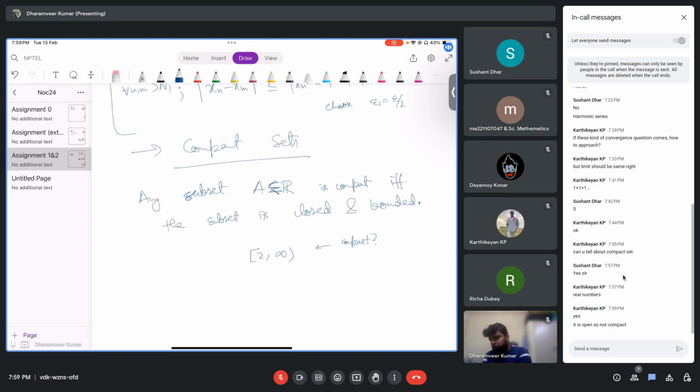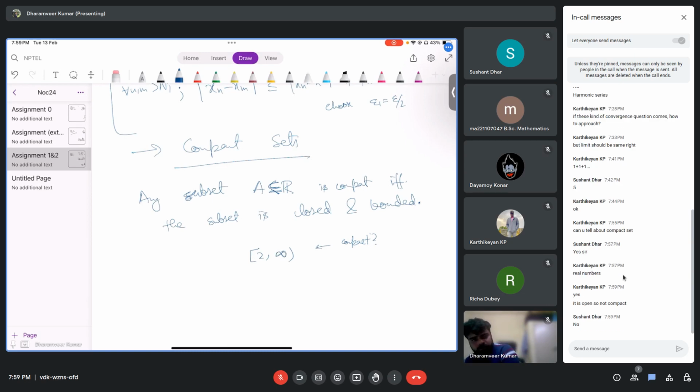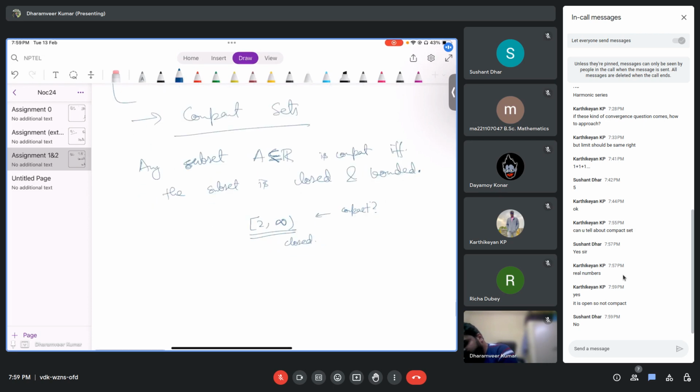This is not bounded, right? No, this is not open, this is closed. Why is this closed?